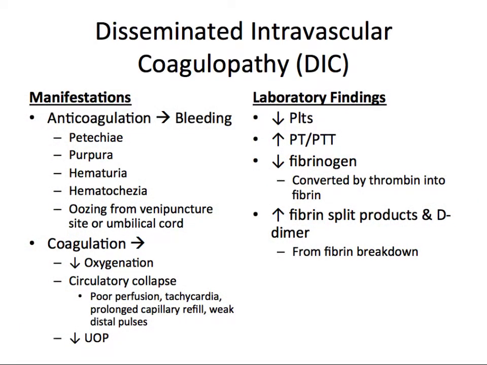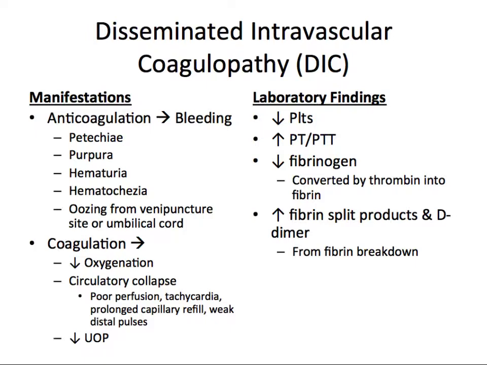In DIC, manifestations of anticoagulation includes petechiae, purpura, hematuria, hematochezia, and oozing from venipuncture sites or the umbilical cord. Manifestations of coagulation includes decreased oxygenation, circulatory collapse, and decreased urinary output.